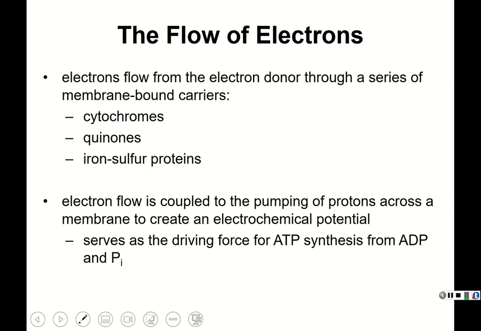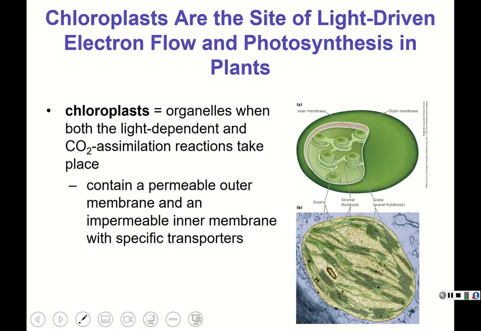And again, just like in the mitochondria, this electron flow is coupled to pumping protons across a membrane to generate that electrochemical potential gradient, and that's what serves as the driving force to produce ATP. And this is all happening in chloroplasts. The chloroplasts are these organelles where both the light-dependent and light-independent reactions, or dark reactions, are taking place.